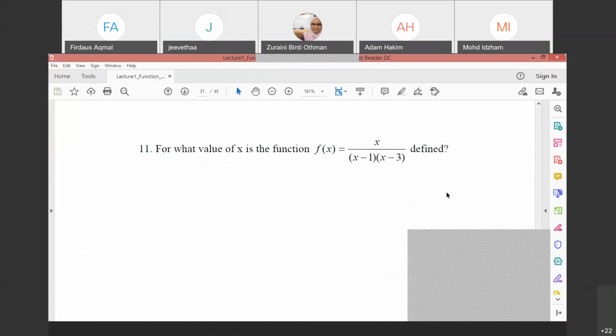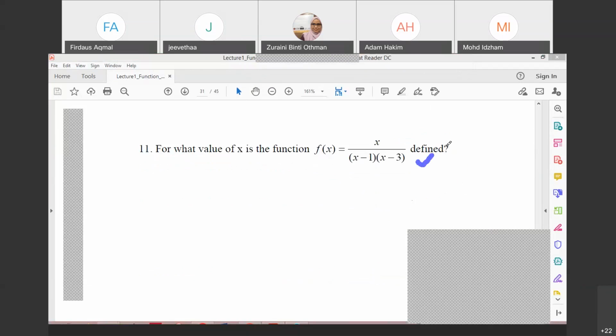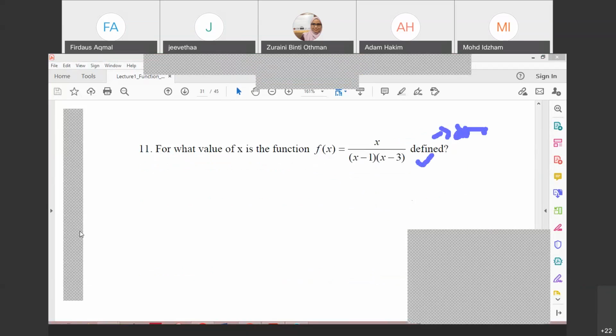Question number 11. For what value of x is the function defined? When the question asks defined or undefined is back to the domain concept. Sebenarnya dia tanya domain ni. Domain. Okay, now what is the domain for question number 11?